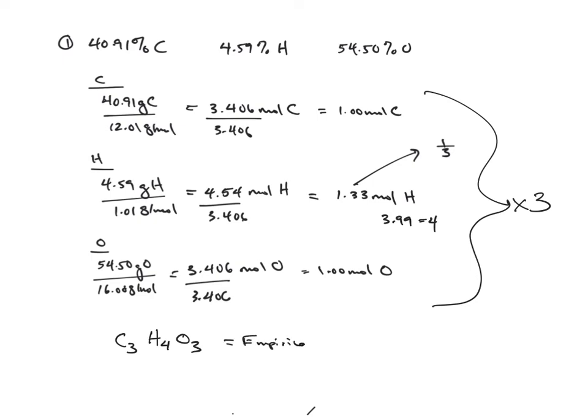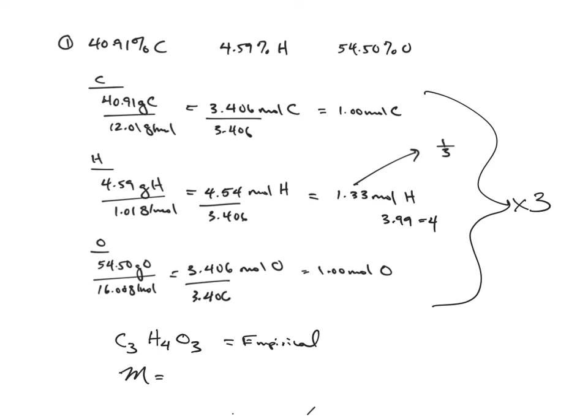Down at the bottom, you can go ahead and fill that in: C3H4O3. Some of these other ones are going to be quite big. Lipitor is a large molecule. This one has a fairly small empirical formula. We need to figure out its molecular formula, so we need its molar mass.